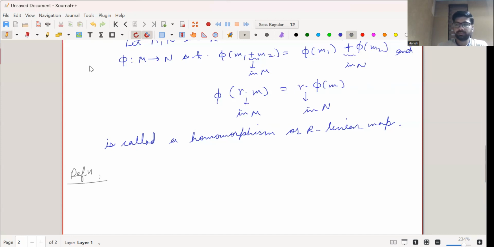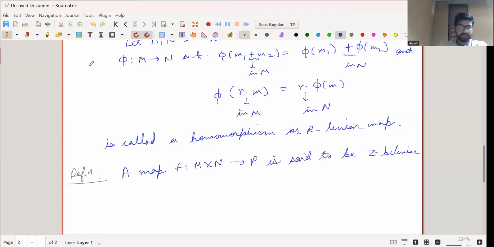So a map F from M cross N to P is said to be Z bilinear if, first thing, F of m1 plus m2, comma n, is the same as F of m1, comma n, plus F of m2, comma n.